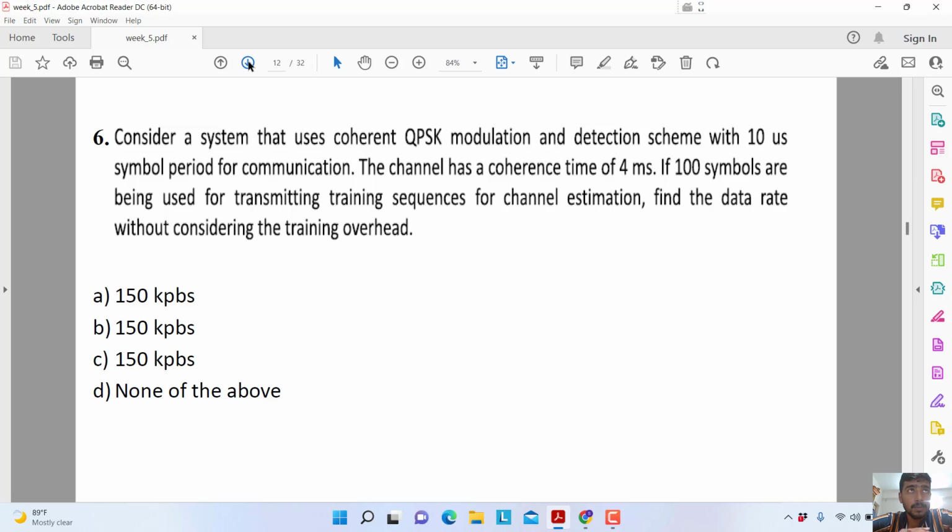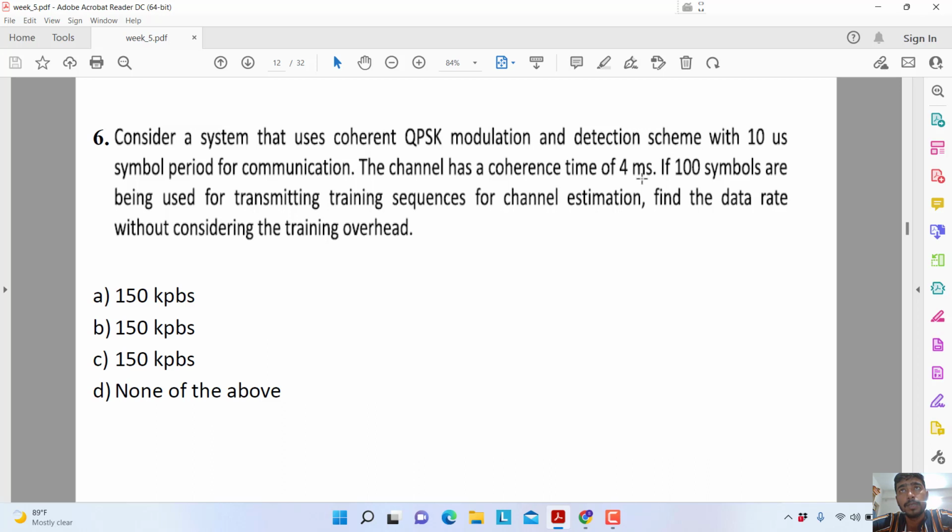Next question, the numerical question. Consider a system that uses coherent QPSK modulation and detection scheme with a 10 microsecond symbol period for the communication. The channel has a coherence time of 4 millisecond.